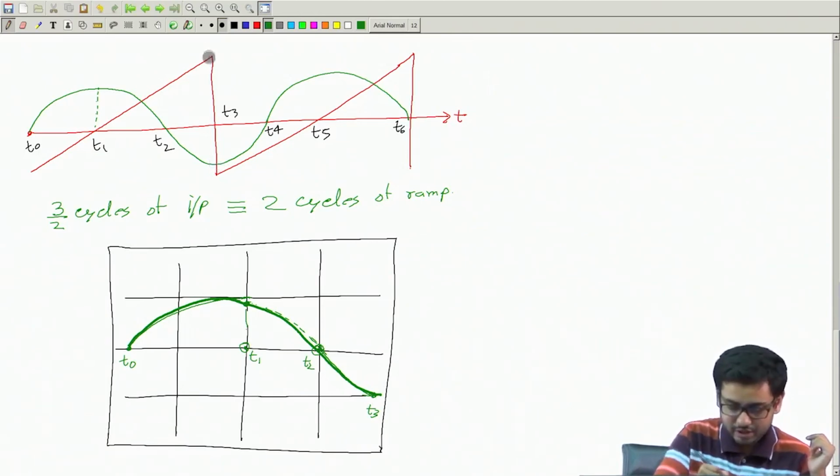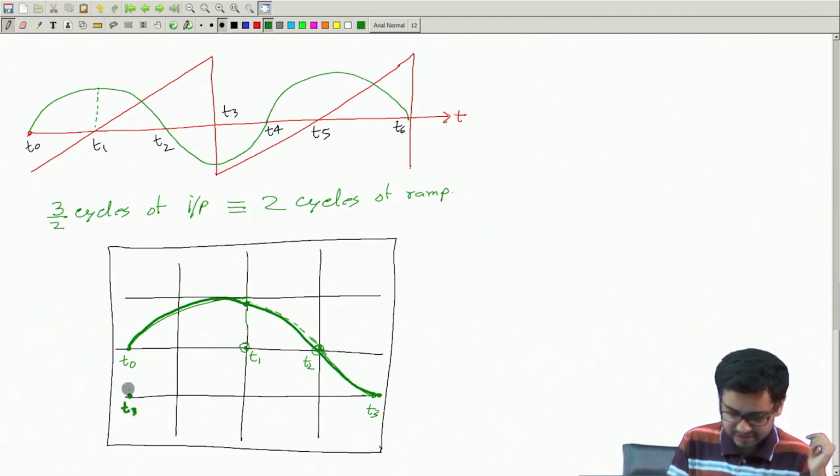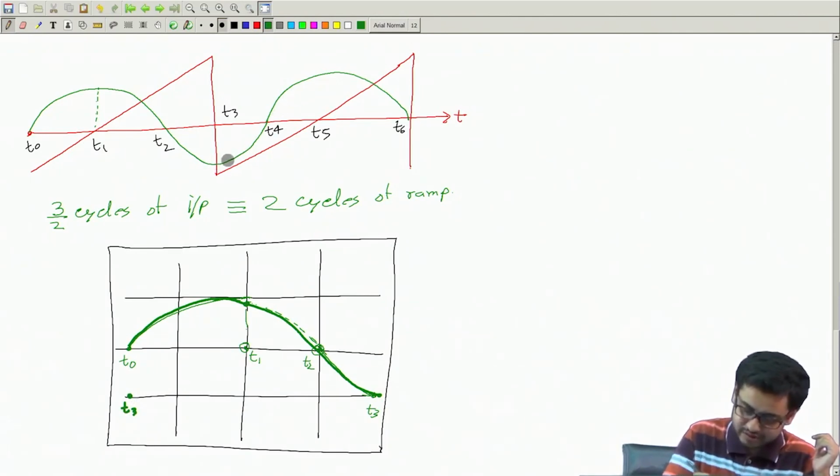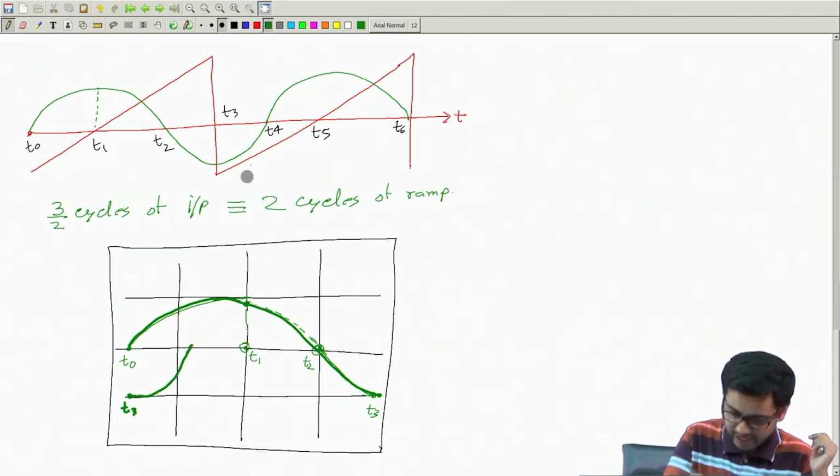After that, at T3, we will come back immediately to extreme left, but the height will still be negative. So from here, we will come back immediately here. This is the same time T3. Then we will start to traverse again from left to right, go slowly up, cross the 0 at T4, and then half cycle like this.